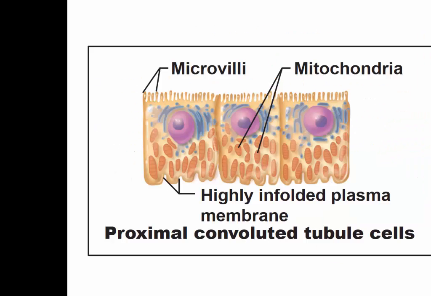If we get beyond that, into the proximal and distal convoluted tubular cells, the cell structure changes a little bit, and it's simple cuboidal epithelium. These are more square-looking cells, so we call those simple cuboidal.